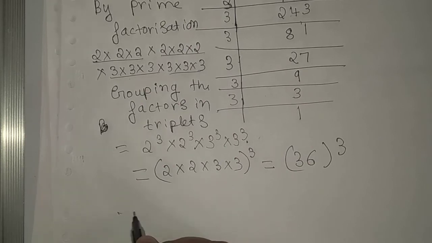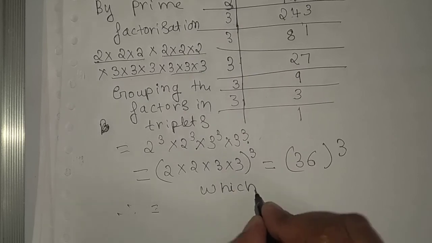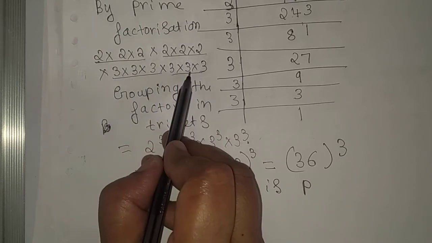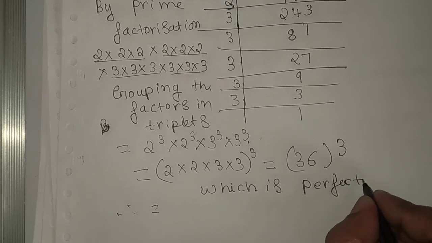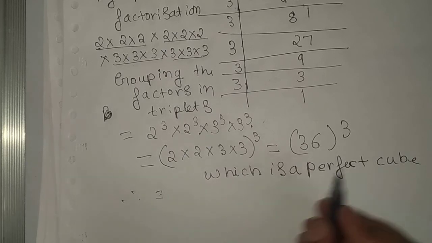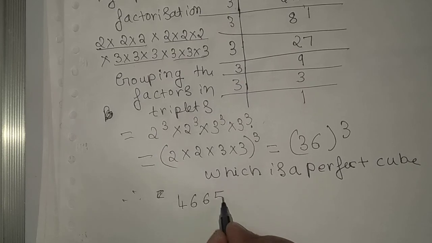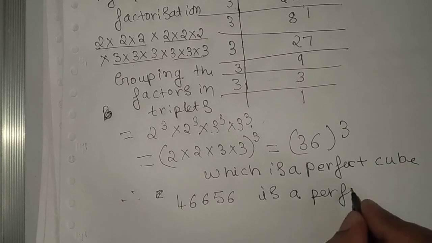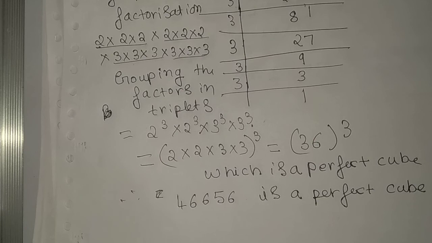So now 36 cube is a perfect cube, since we got all the triplets in the groups. Finally we can write that 46656 is a perfect cube. So students, this completes the first question.